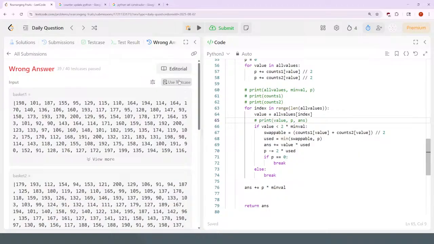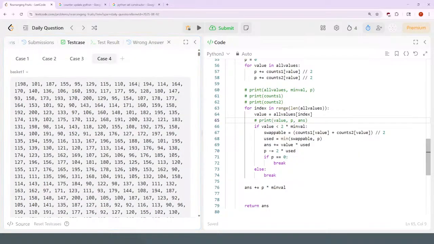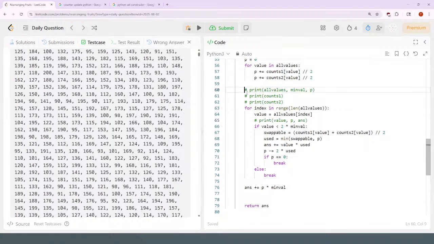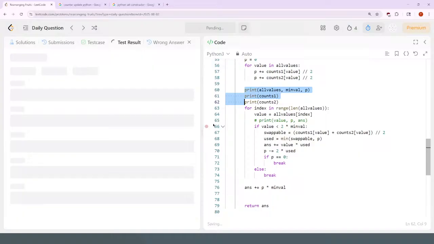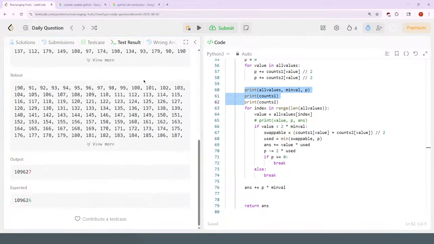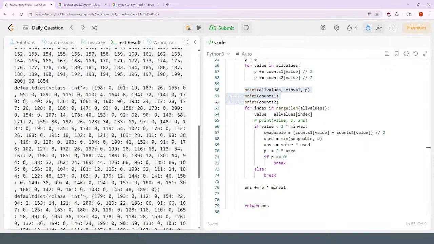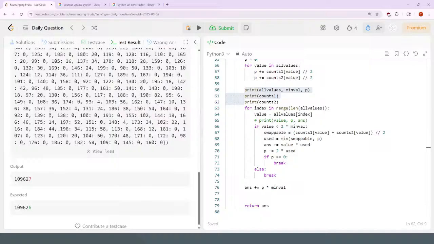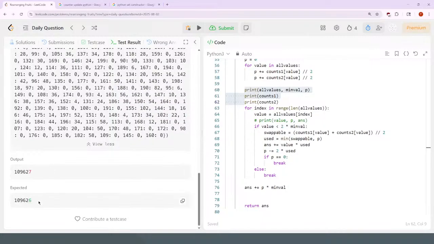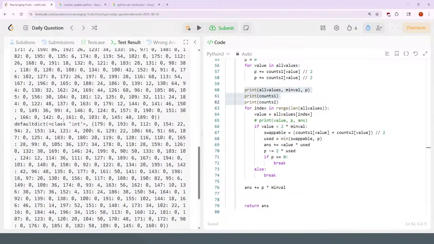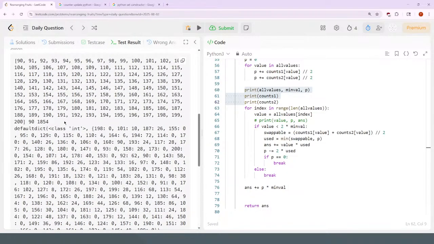Answer, okay. Okay, so bunch of all values, 98, 10, 1854. Ooh, off by 1. Off by 1.